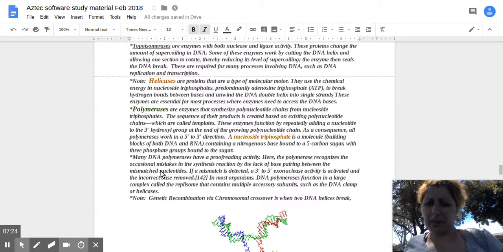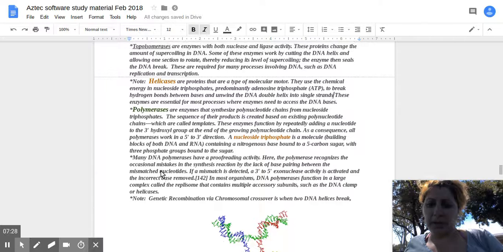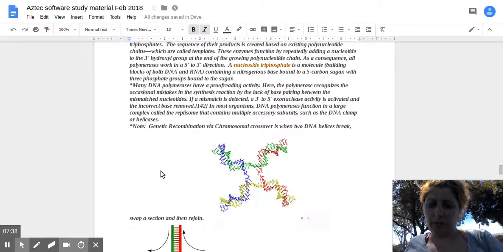Many DNA polymerases have a proofreading activity. Here, the polymerase recognizes the occasional mistakes in the synthesis reaction due to the lack of base pairing between the mismatched nucleotides. If a mismatch is detected, a 3' to 5' exonuclease activity is activated. The incorrect base is removed.